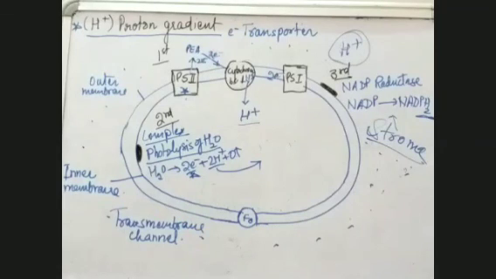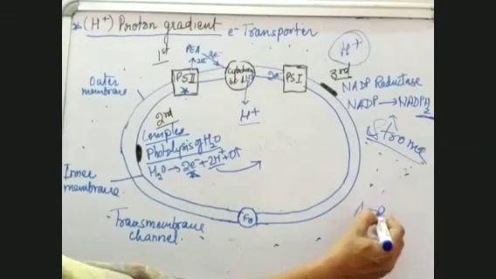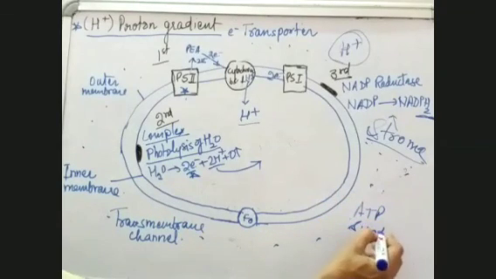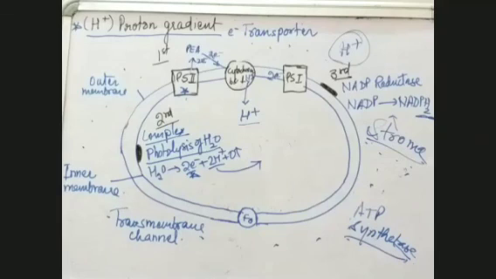Then the enzyme which is required for the synthesis of ATP is known as ATP synthetase. See, the name is quite easy. ATP synthesis, synthetase. The suffix ase is always used to represent the names of enzymes.